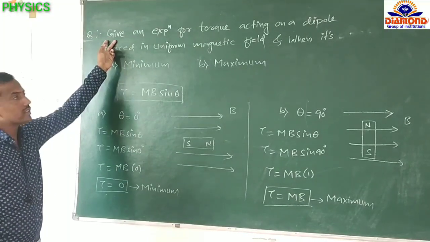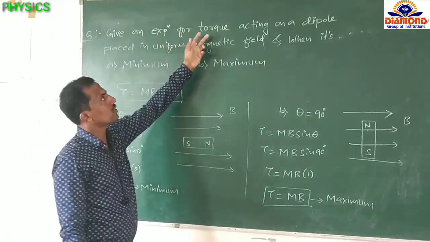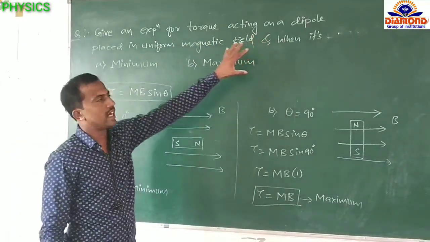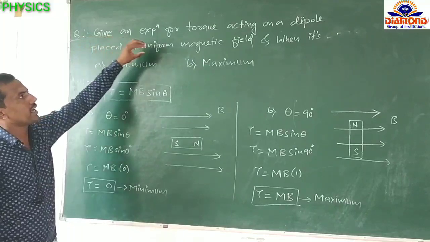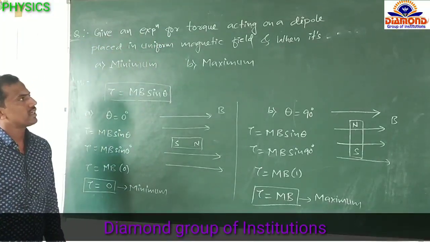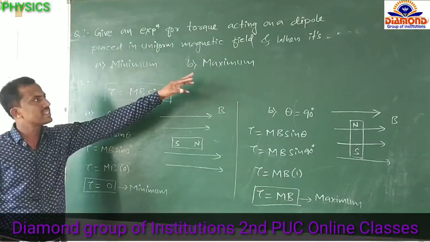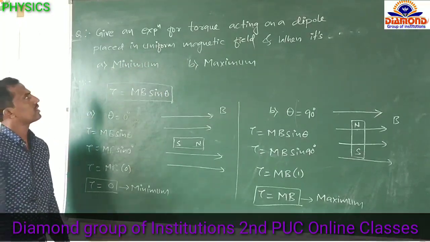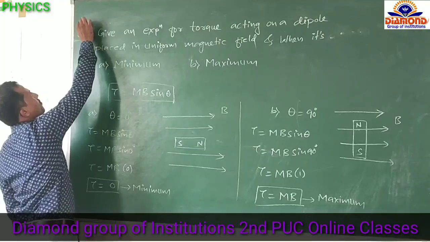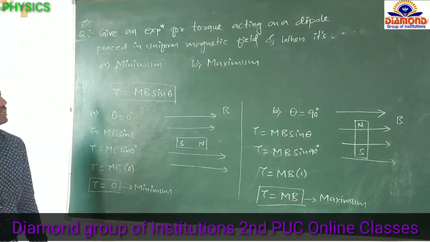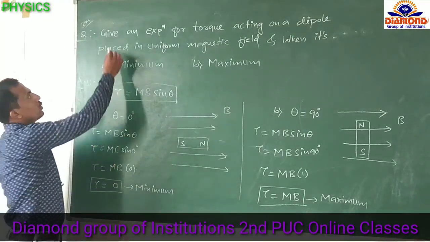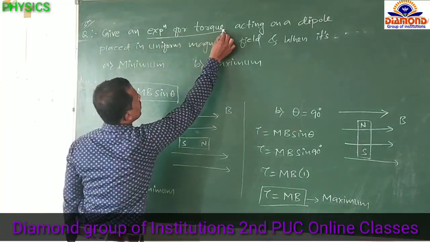There is one question: give an expression for torque acting on a dipole placed in a uniform magnetic field, and when it is maximum and minimum. Three more questions maybe. Give an expression for torque.